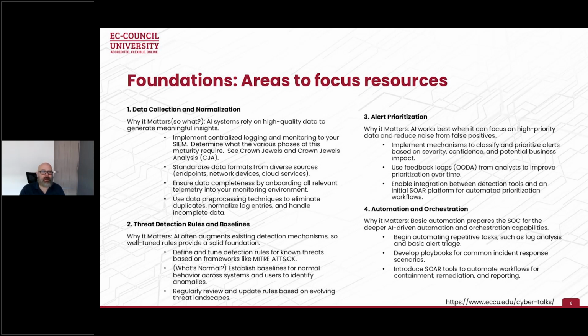So if you don't have the good foundational pieces, I know it's boring and it is a lot of work, but you need to be able to balance building out your foundational pieces, but you can start to add in, well, we're missing logs from this particular IAM solution, or we don't have good coverage on this particular IDPS to a third-party supplier, things like that. Get the quick wins, right?